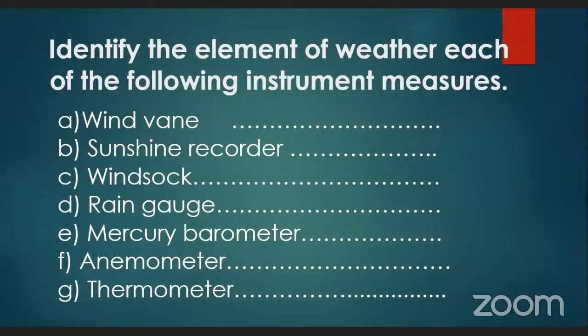When the weather is calm, the Windsock will fall onto the post or the pole. But immediately the wind starts, the sock will stretch out. And that is how it works to determine the strength of the wind.